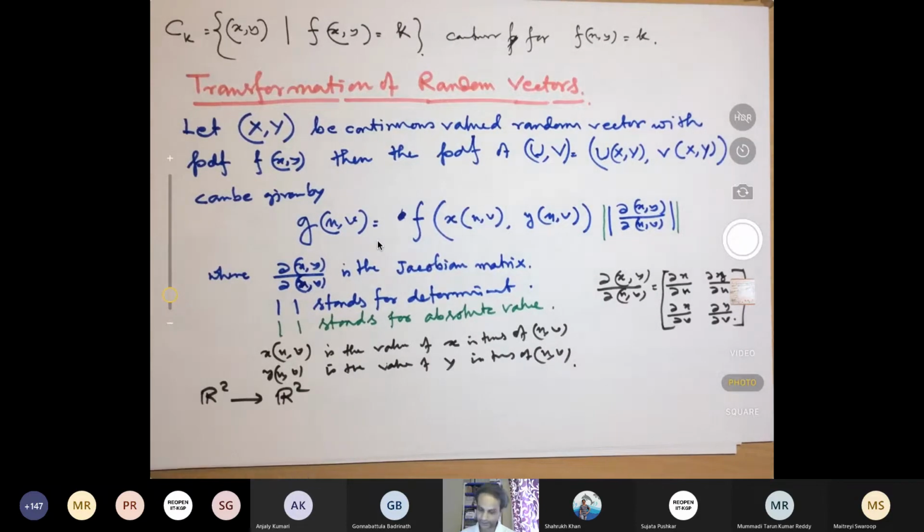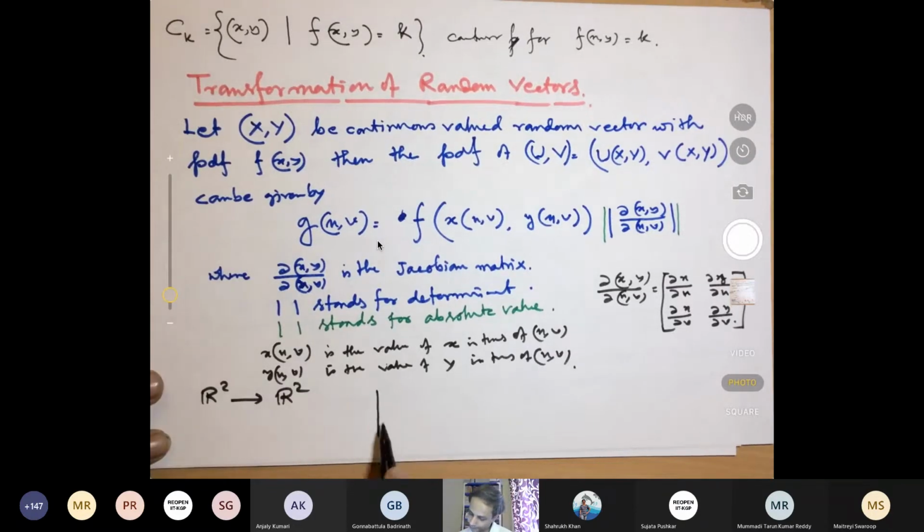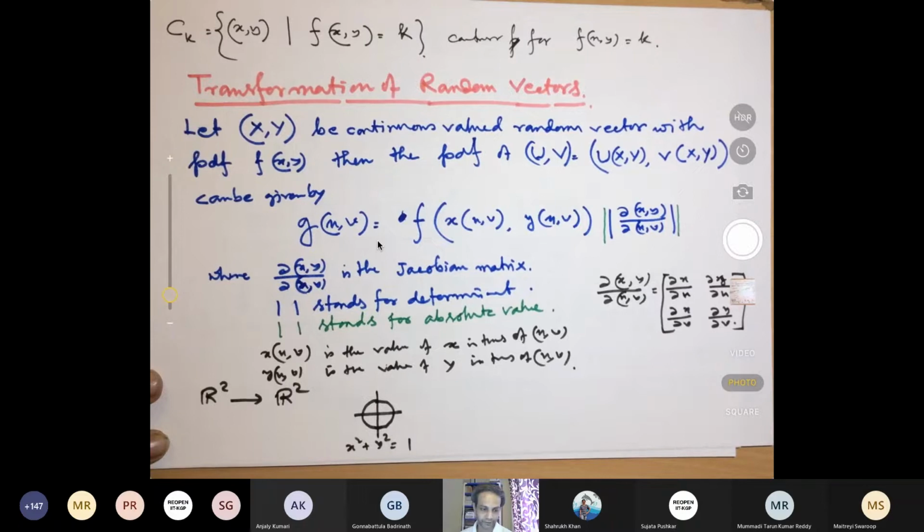Suppose you have a unit radius circle, x square plus y square equals 1. What will be the area? So pi, since 1 square is pi.